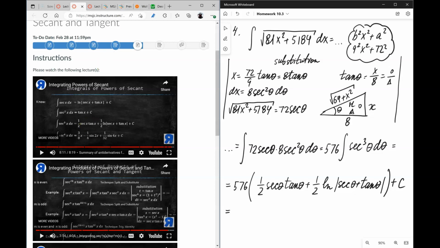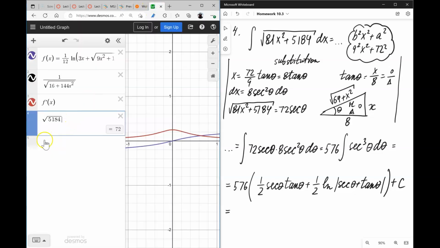So what is 576? 72 times 8, and then we divide it by 2, so it's 288. And now we have secant theta.